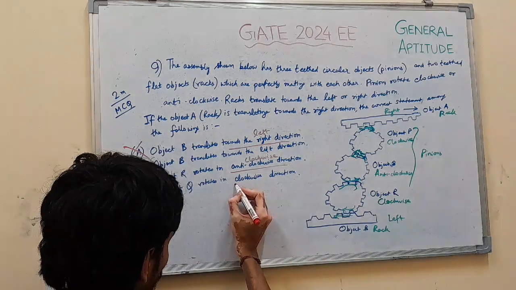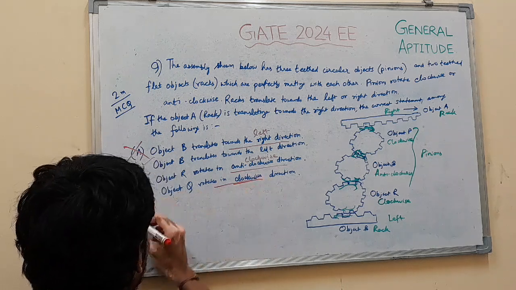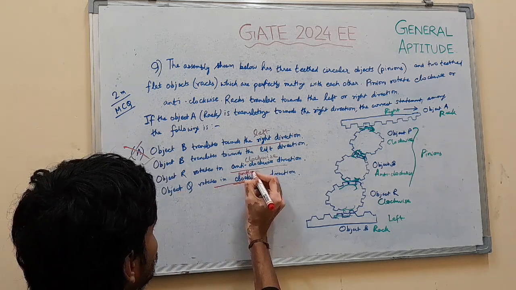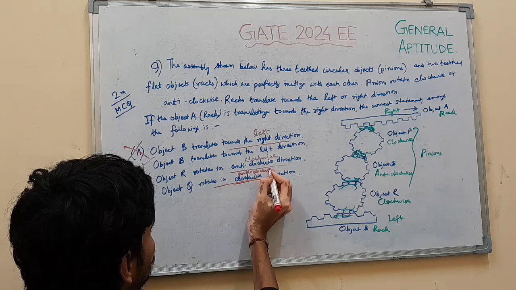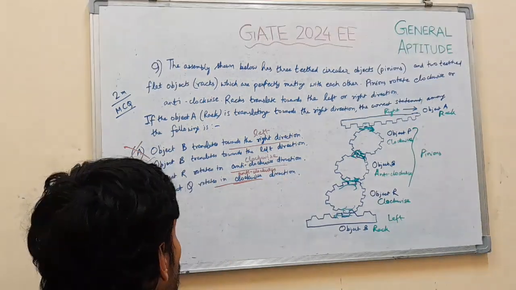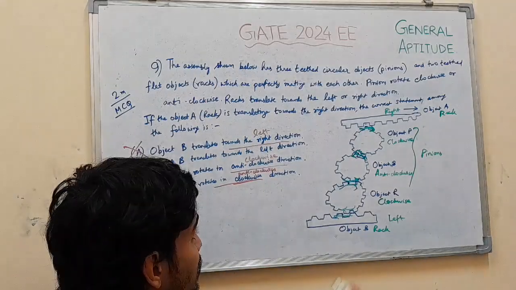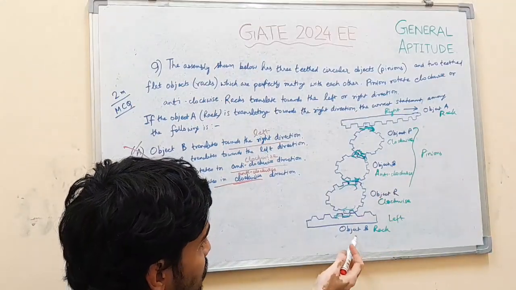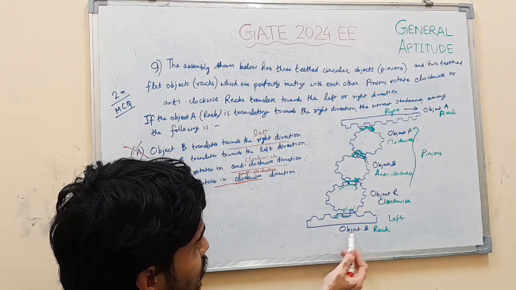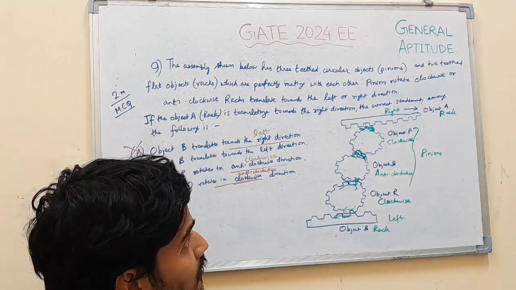But in the options, option D is given clockwise. So again, this is incorrect. It will be anti-clockwise basically. So we have identified the correct statement among the options as object B translates towards the left direction, as is clearly evident here. Object B is moving towards the left direction, provided object A moves in the right direction.